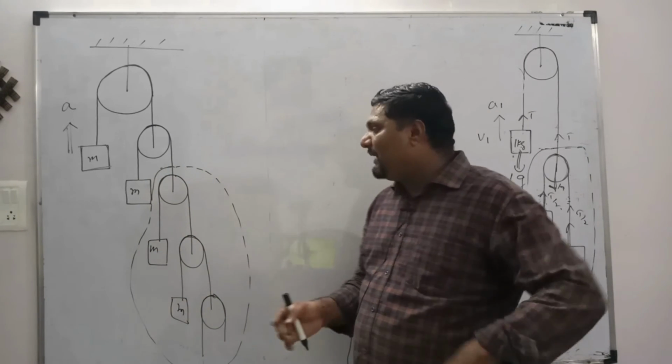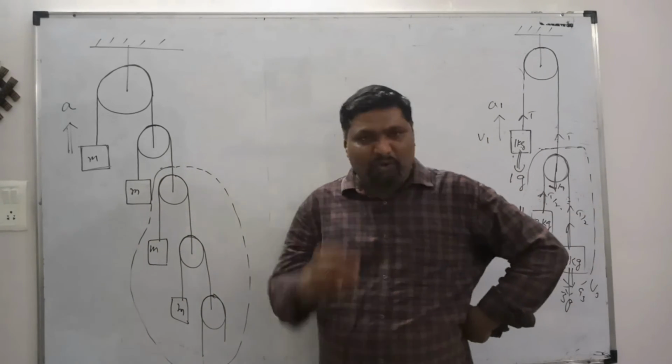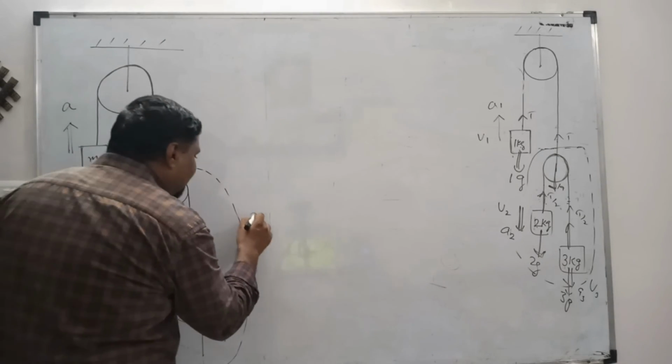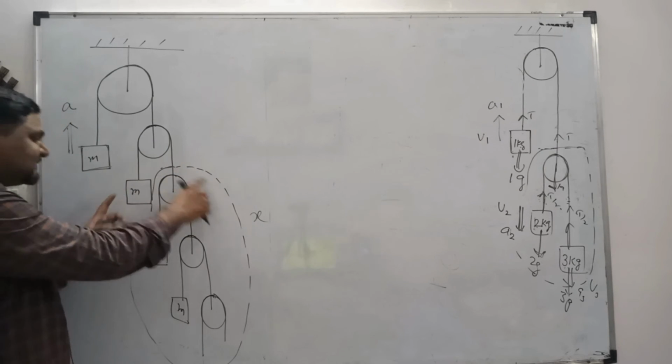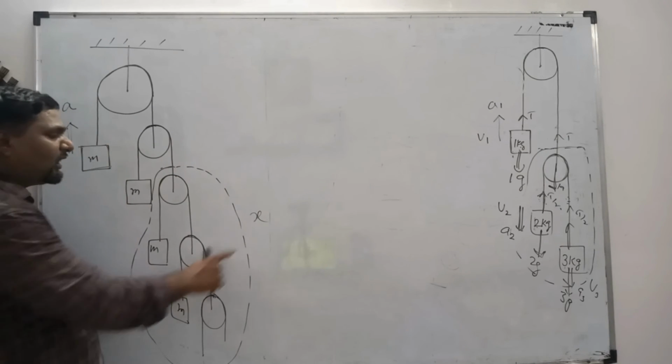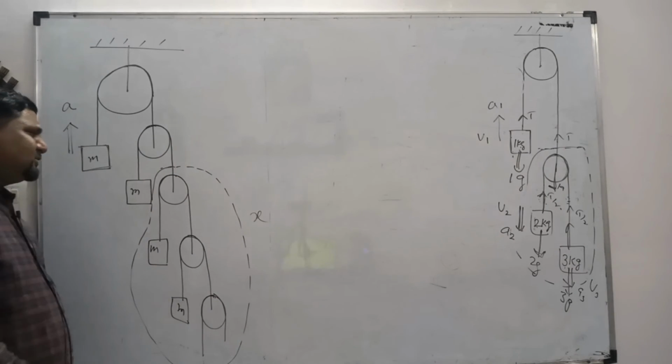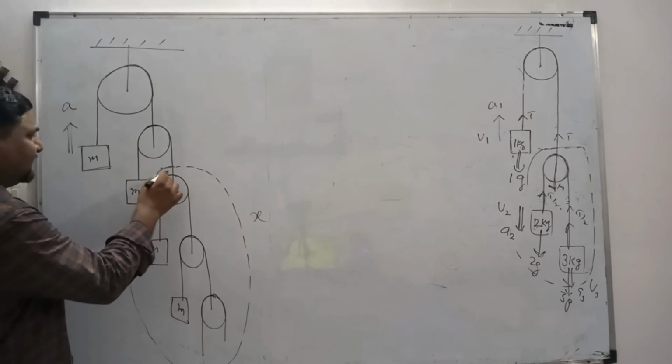I don't know what it is, so I am assuming the equivalent mass of this whole system would be something x. I can replace this whole arrangement with a block of mass x.